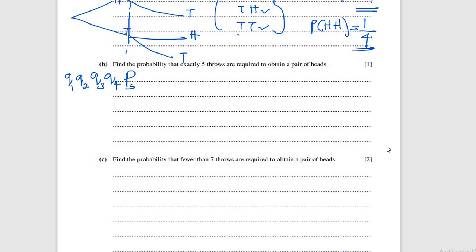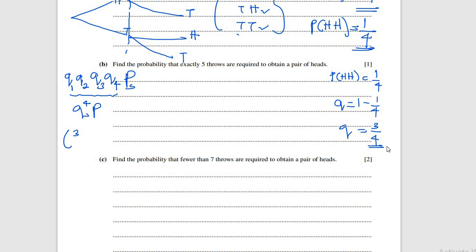And the probability of a pair of heads is 1/4. So failure not to obtain it will be 1 minus 1/4. So failure not to obtain a pair of heads is 3/4. And in the throws, they fail 4 times and pass on the 5th throw.